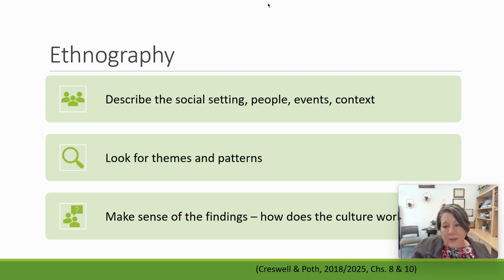If they had gone from an ethnography tradition and they had looked at the culture of creating leaders within occupational therapy within women of color, then they might be looking at how can we change this for the future? How can we create something that's more intentional about helping women of color become leaders in occupational therapy. So that's how an ethnography might be looking at analyzing the data.